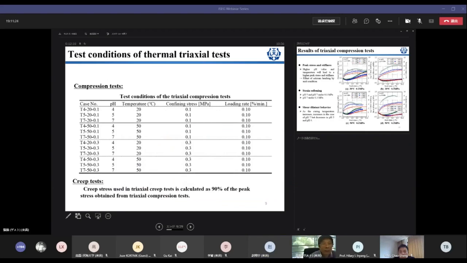And you can see this is a compression test. For each case, we tested at least 2 times to verify if the data is convincing.